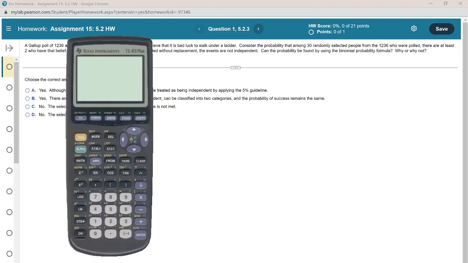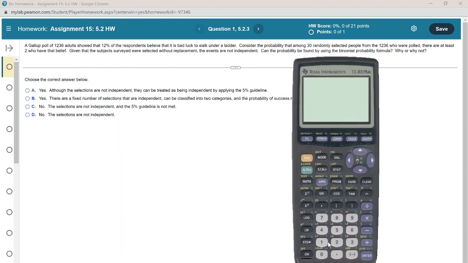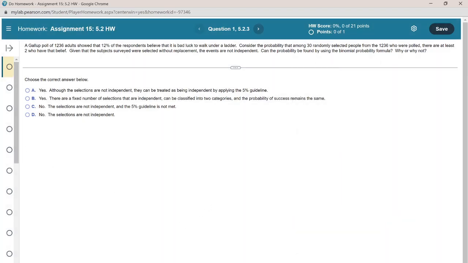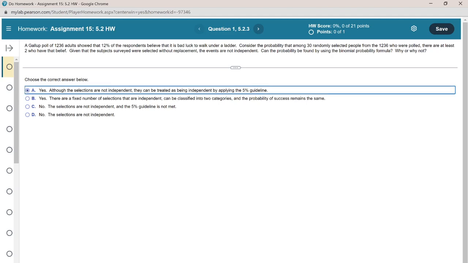Let's look at the number here. 30 out of 1236, and if you divide that, it is 2.4%. It's less than 5%, so we can assume that this is independent. So the answer is yes. Although the selections are not independent, they can be treated as being independent by applying the 5% guideline. This is the right option we have here.